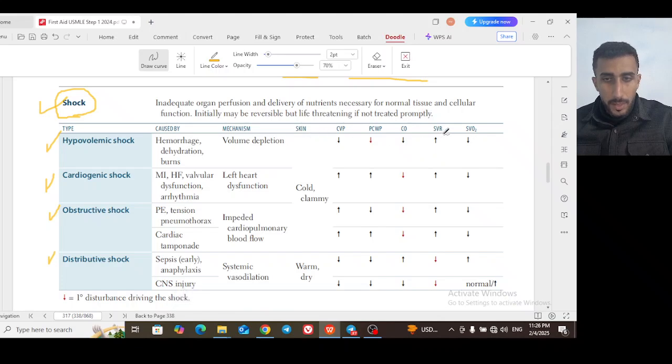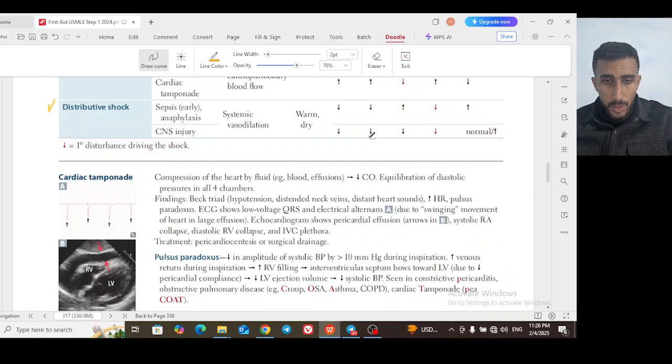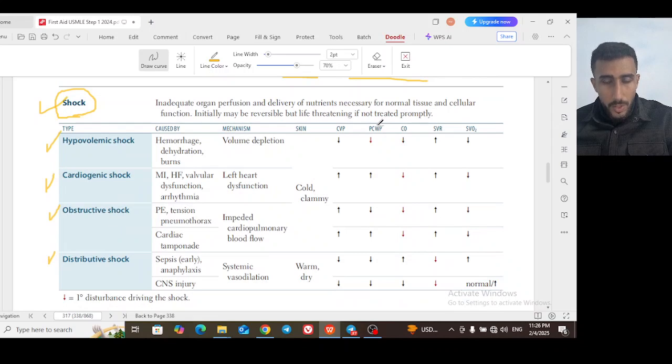We will start with the SvO2. The SvO2 is the saturation of venous oxygen, then the SVR, the systemic vascular resistance, and cardiac output. This is the PCWP, which is pulmonary capillary wedge pressure. For the pulmonary capillary wedge pressure, you insert a Swan-Ganz catheter into the circulation, and it will travel to the right side of the heart, then go through the pulmonary artery till reaching the smaller arterioles, and it will be lodged.